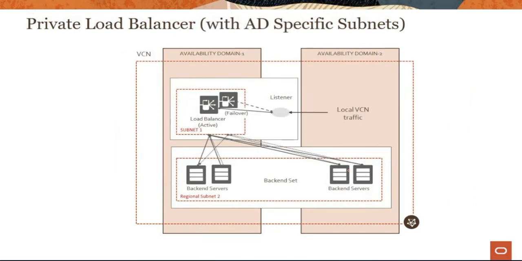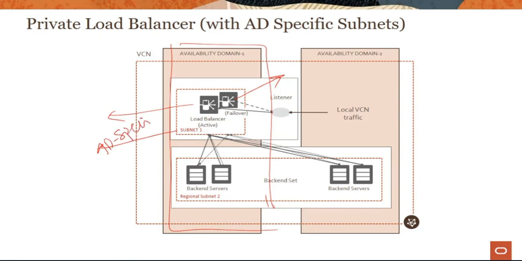Now, in case of AD specific subnets, there is a change here where my active and my failover are both in the same AD, right? So yes, we still have two copies, but they're both running in the same AD. And in this case, my subnet is an AD specific subnet. It's not a regional subnet anymore.